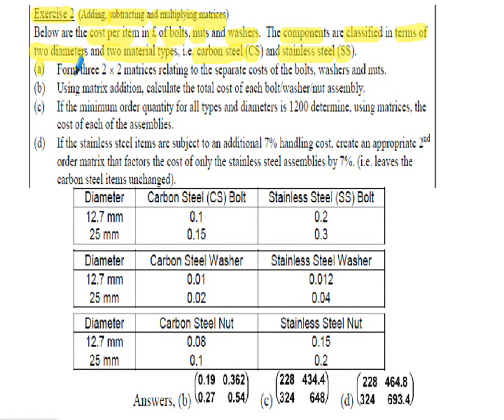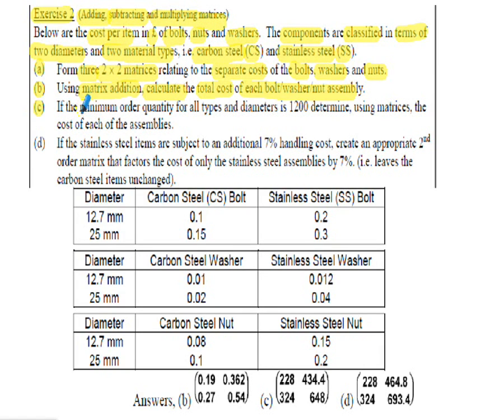In part A, we're asked to form 3 2 by 2 matrices relating to the separate costs of the bolts, the washers and the nuts. In part B, using matrix addition, we're asked to calculate the total cost of each bolt, washer and nut assembly.